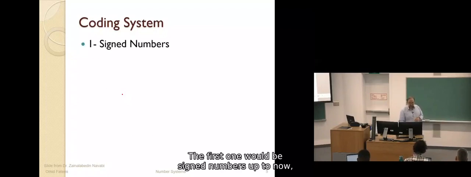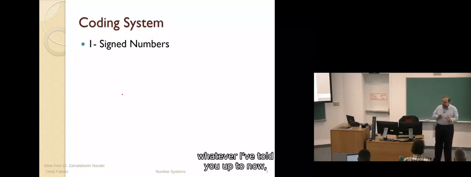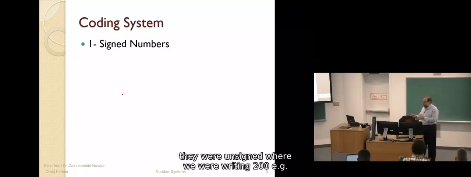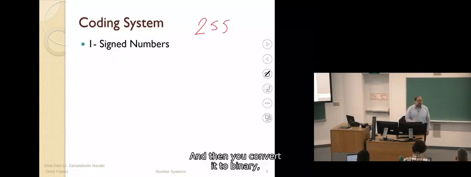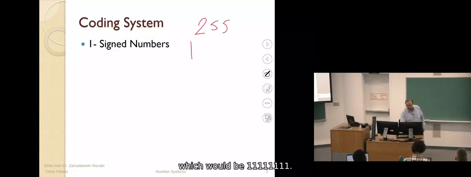The first one would be signed numbers. Whatever I've told you up to now, they were unsigned. We were writing 255 in decimal, and then you convert it to binary, which would be 11111111.